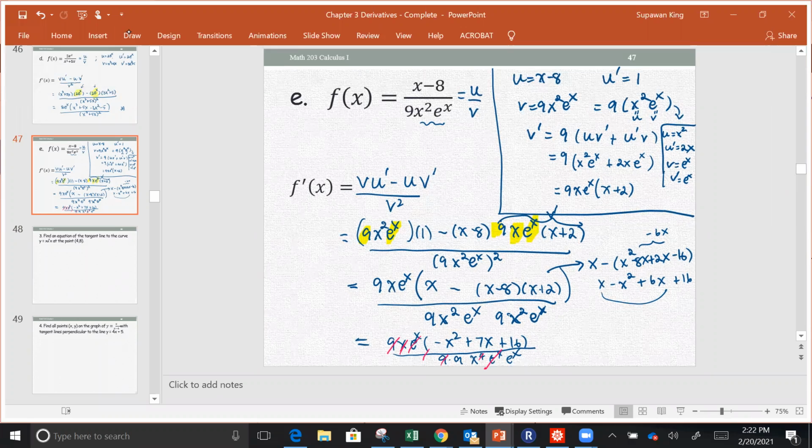So now we can rewrite the result to be negative x squared plus 7x plus 16, all divided by 9x to the third times e to the x.